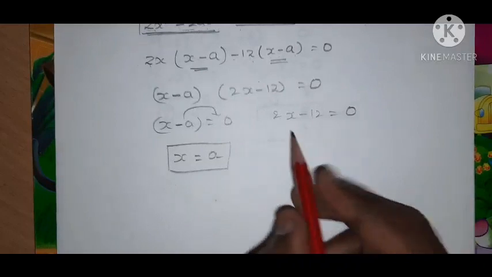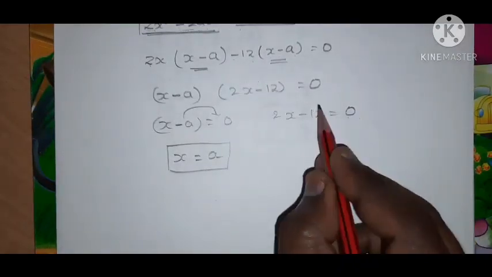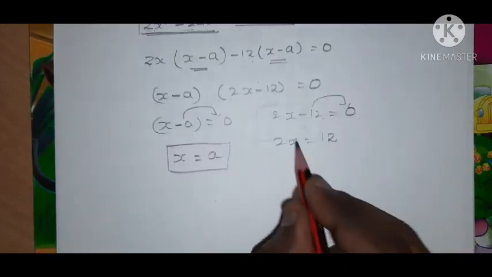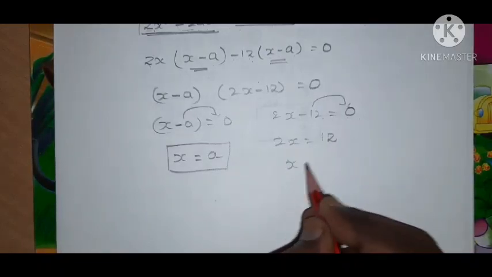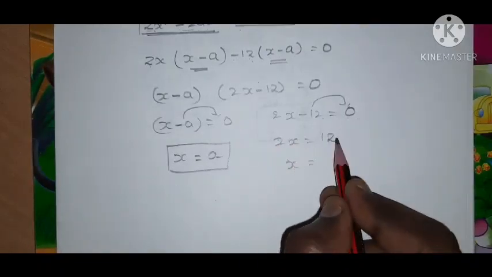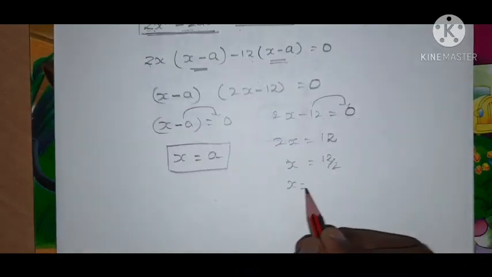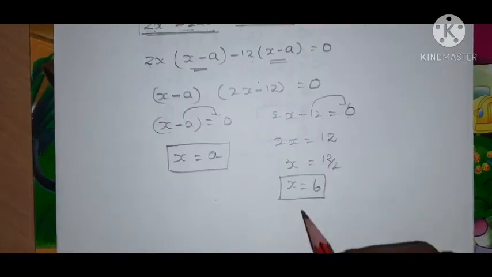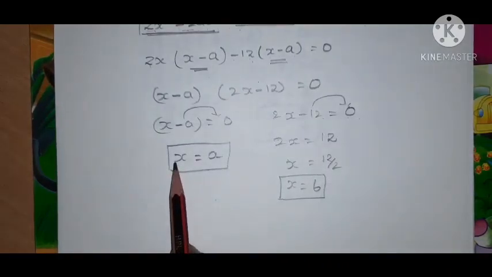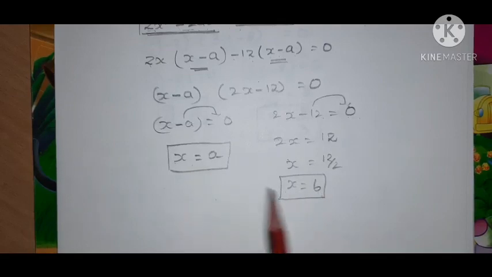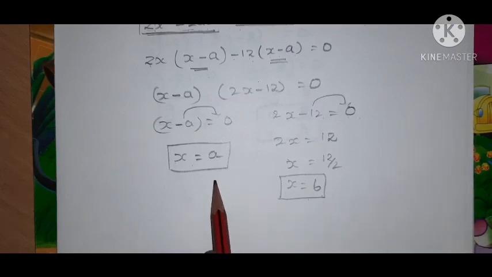For the other, 2x minus 12 is equal to 0, so 2x is equal to 12. To find x, we bring the 2 to the right-hand side, which becomes division. So 12 by 2, x is equal to 6. So we got two roots: one root is x equals a, the other root is x equals 6. Hence the answer is a and 6.